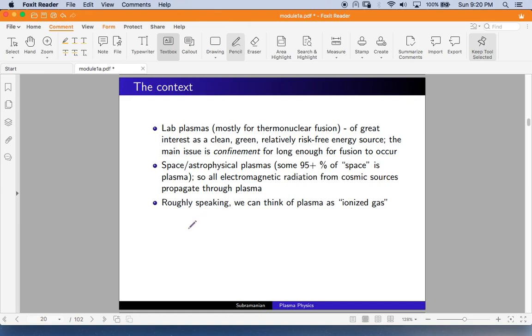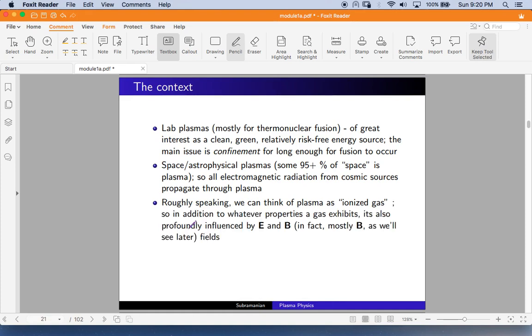Roughly speaking, you can think of plasma as ionized gas. In other words, the gas is not neutral, the gas is ionized. It's not just neutral hydrogen, it's ionized hydrogen: protons and electrons separately. So in addition to whatever properties a gas exhibits, it's also profoundly influenced by electric and magnetic fields, simply because the elementary constituents of this gas are charged, ionized particles.